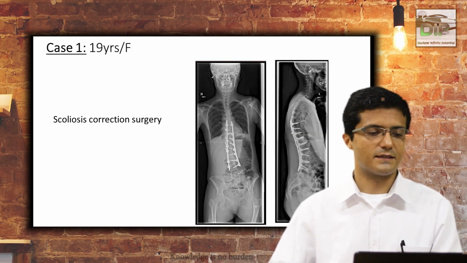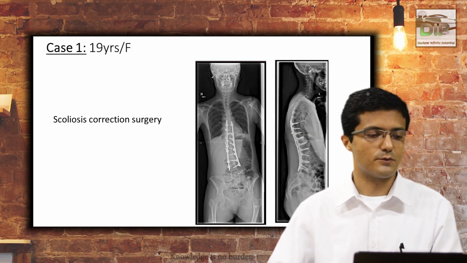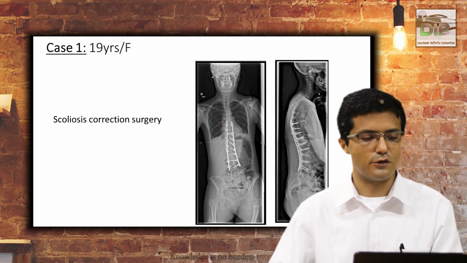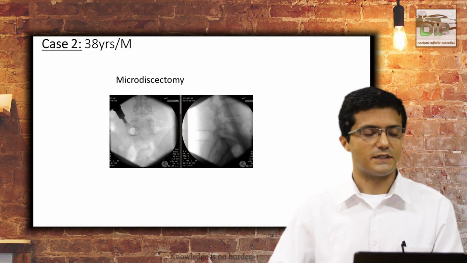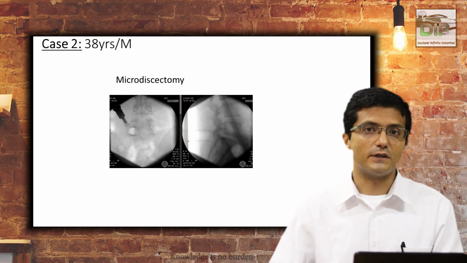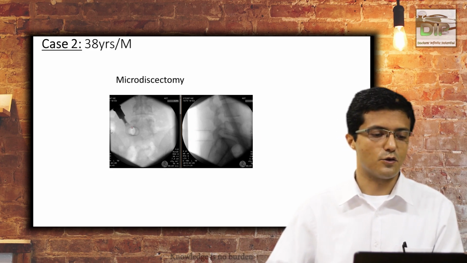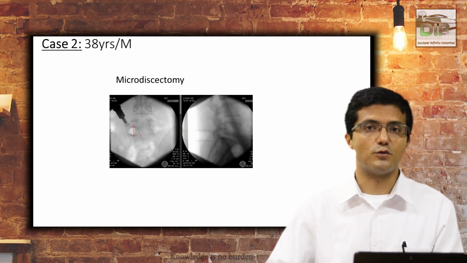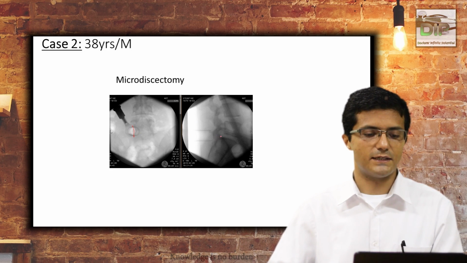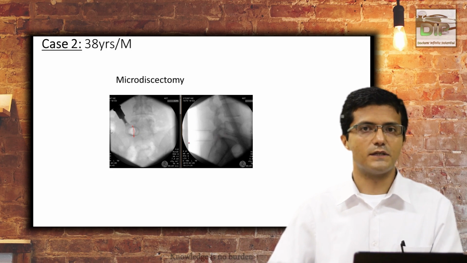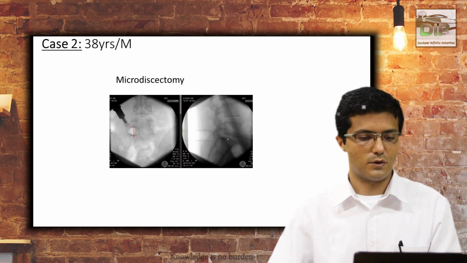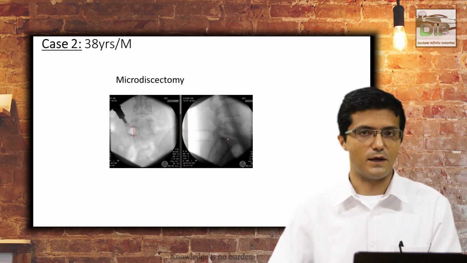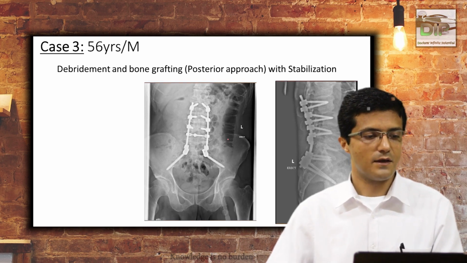For the first case, the case of scoliosis, we did scoliosis correction surgery, and the patient improved. For the second case with prolapsed intervertebral disc, a small keyhole operation was done, making a small incision to pass a small tubular retractor, and the disc was removed, decompressing the nerve root, and the patient was relieved of low back pain as well as leg pain.